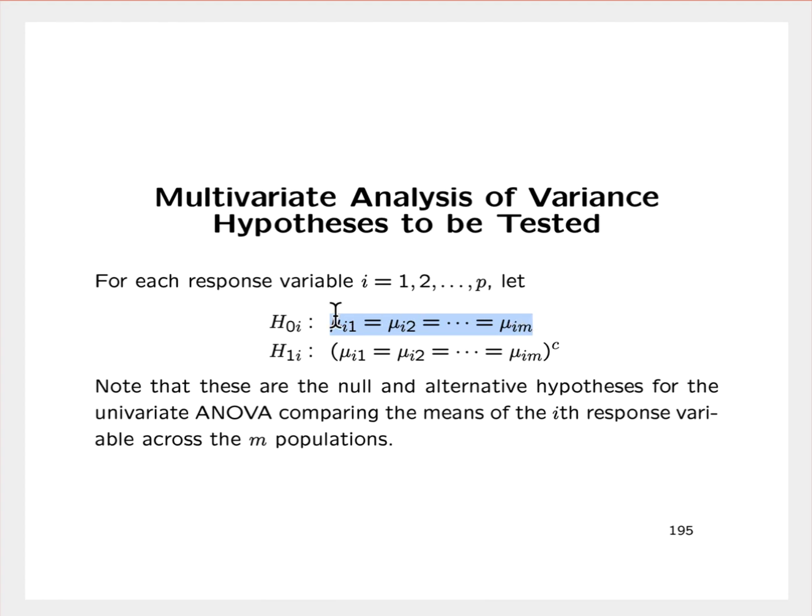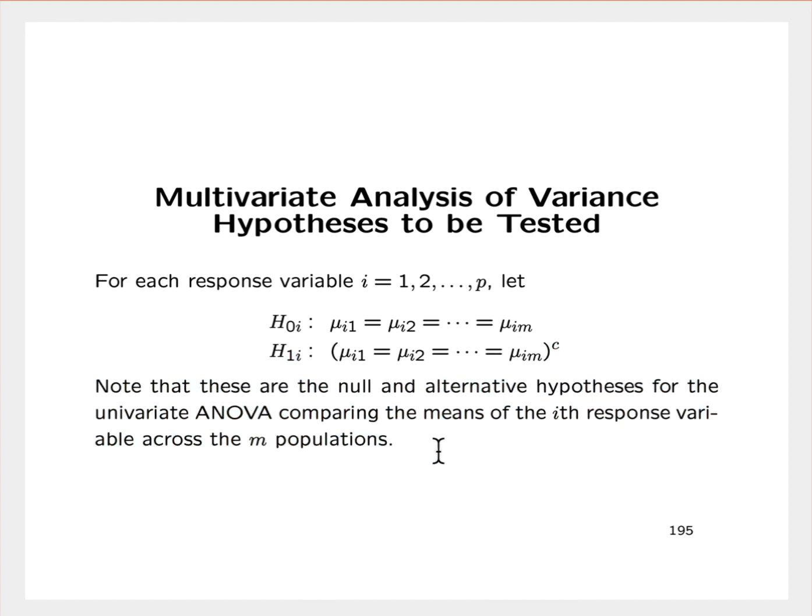And so we can think of this as the null hypothesis in a univariate analysis of variance for the ith response variable. Likewise, H sub 1i would be the logical complement or the opposite of this. And so H sub 1i would be the alternative hypothesis in a univariate analysis for the ith response variable. And so that is what we're saying down here.